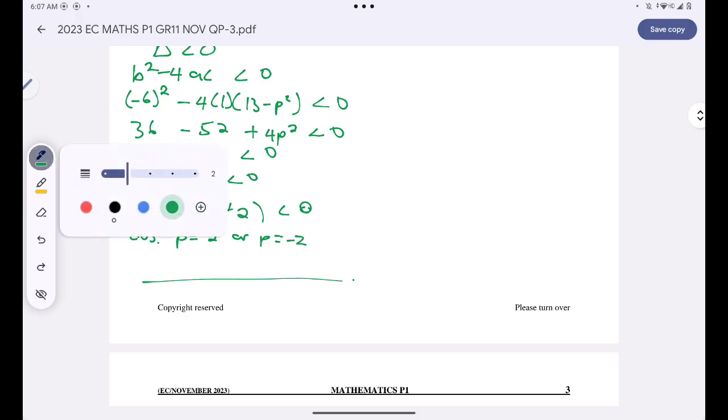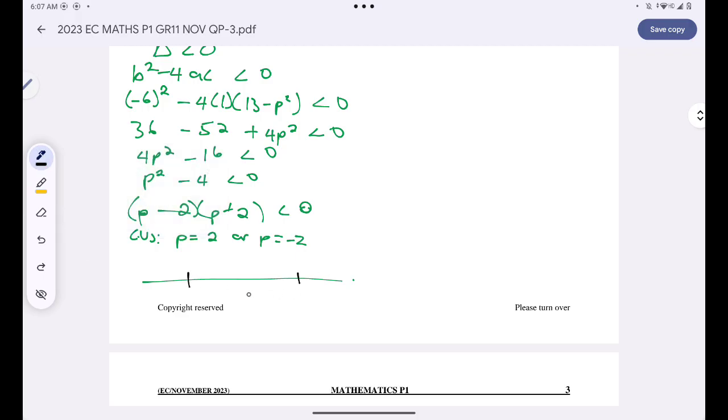Then you place your critical values on the number line. We have negative 2 and 2. The numbers in front of p, both of them are positive ones. So since the numbers in front of p have the same sign, we'll start with the plus here. Remember that the critical values are not included, right?